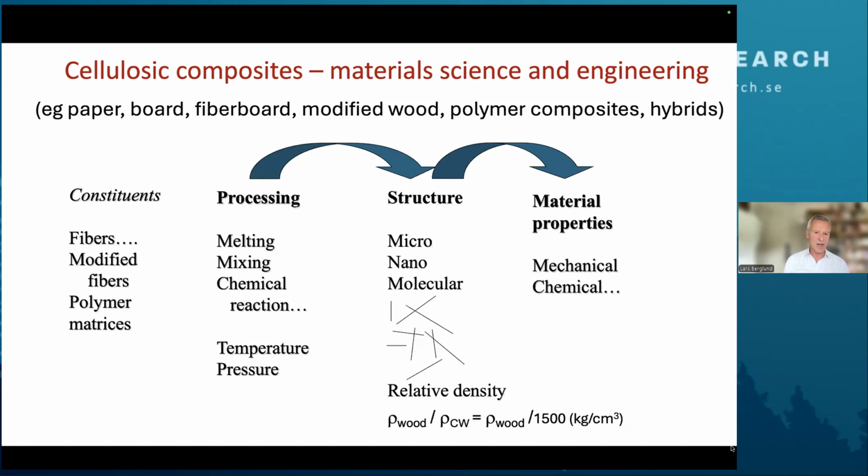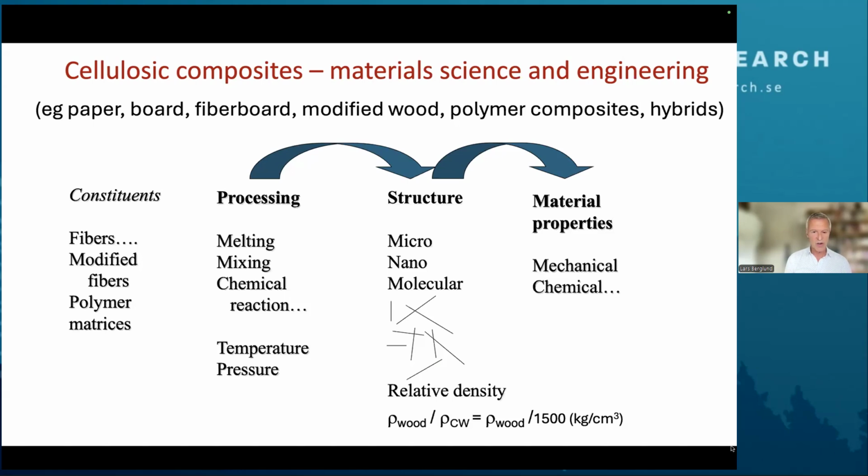Then we subject these constituents to some kind of processing operation: melting, mixing of the components, some chemical reaction, and we can vary temperature, pressure, etc. So the first aspect of the science is really relationships between processing parameters and structure.